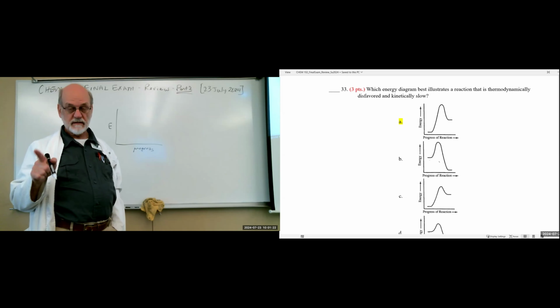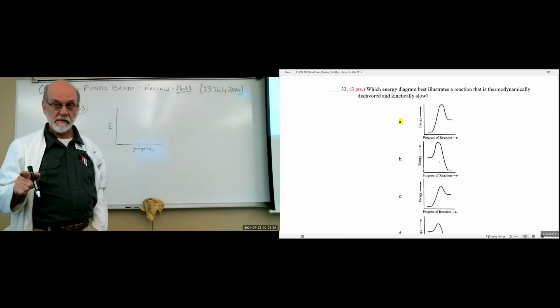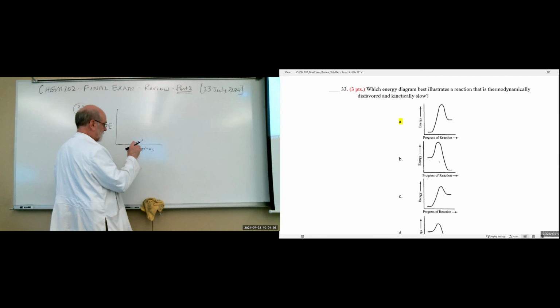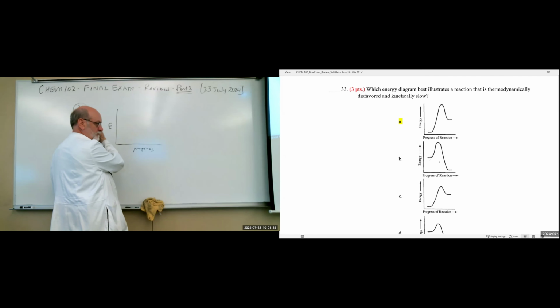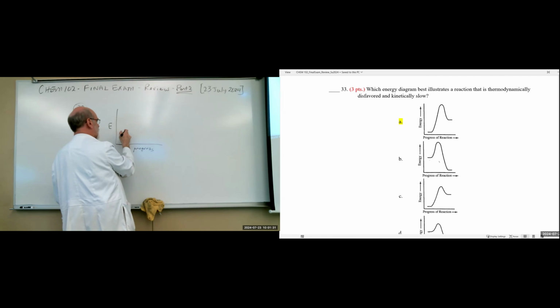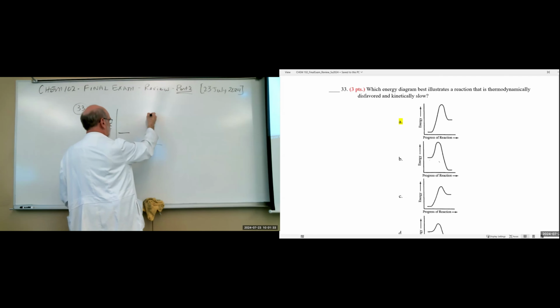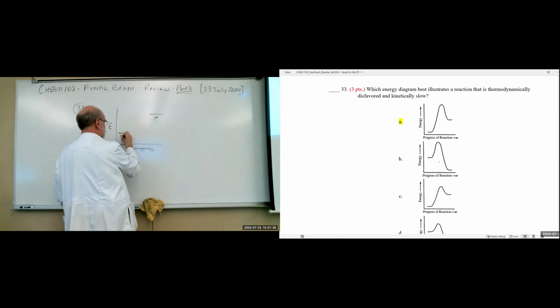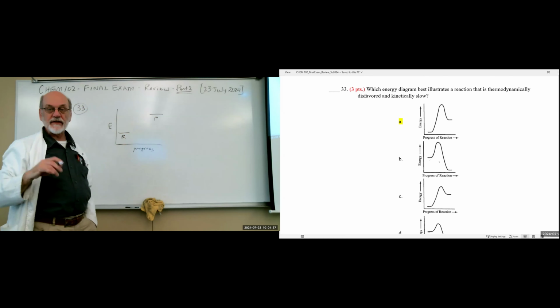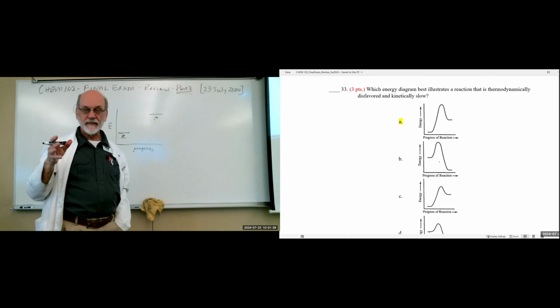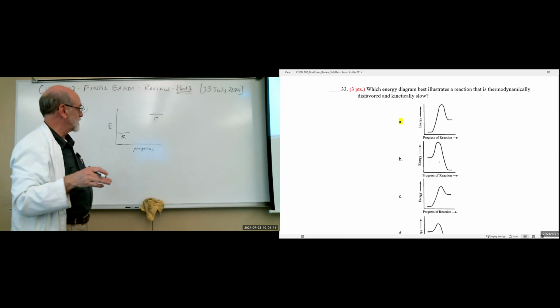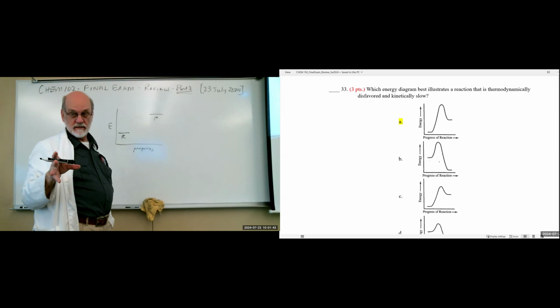That means it's endothermic. In other words, the products have more energy than the reactants. Right? Products, reactants. That's thermodynamically disfavored. Kinetically slow means a large activation energy.